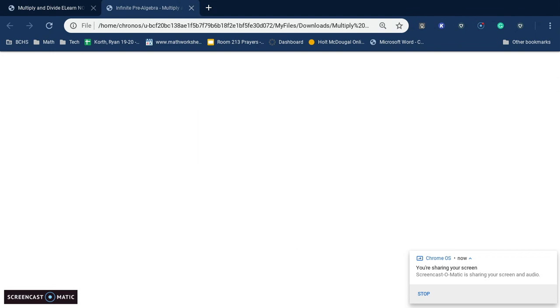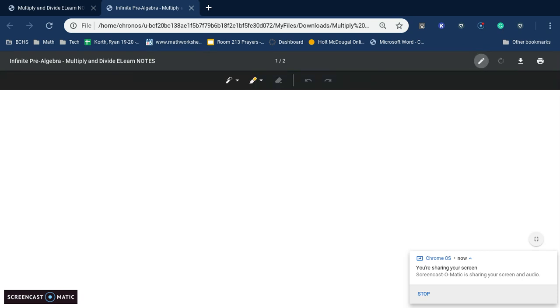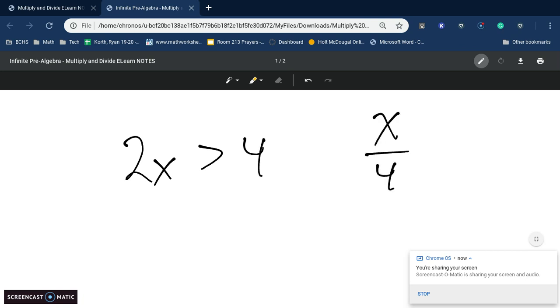All right, so today we're talking about multiplying and dividing by inequalities. The thing that we have to most worry about today is when we multiply or divide by a negative number.